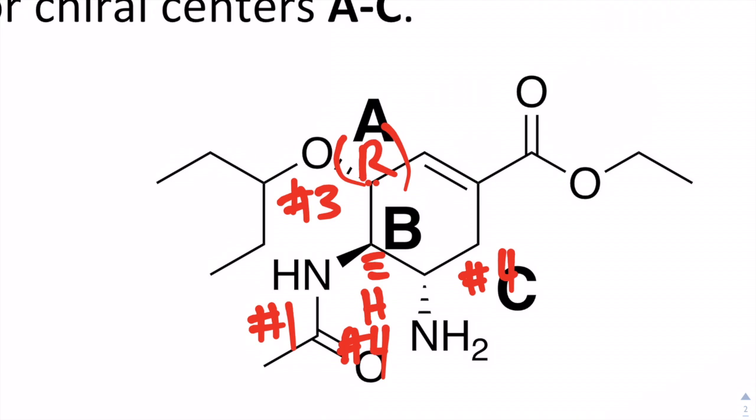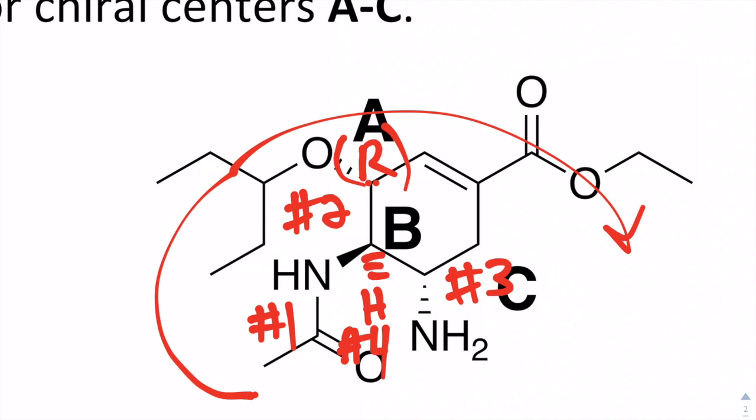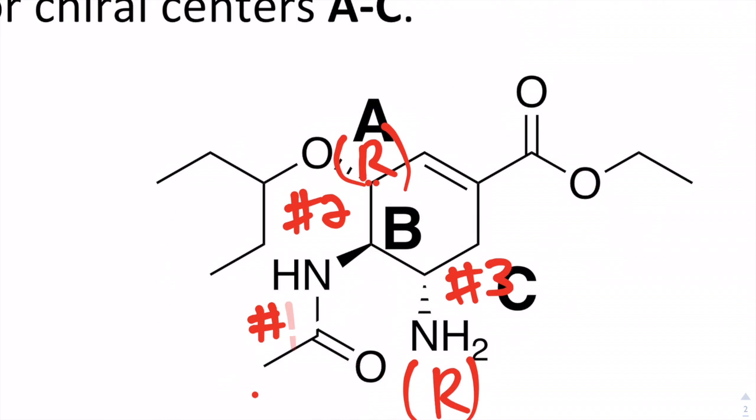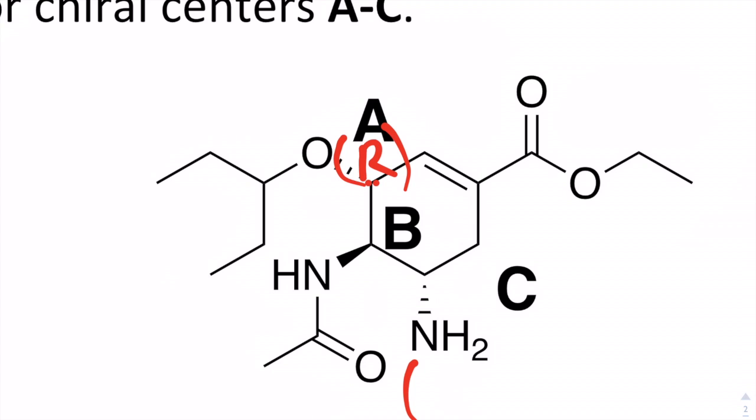So if I were to trace 1 to 2 to 3, oops, excuse me, I wrote 4 twice. That would be number 2, and that would be number 3. I apologize. So if you were to trace that, it'd be 1 to 2 to 3. That's clockwise, and it's fine the way that it is, so it's R. Okay, so B is an R configuration. Let me just draw it over here.